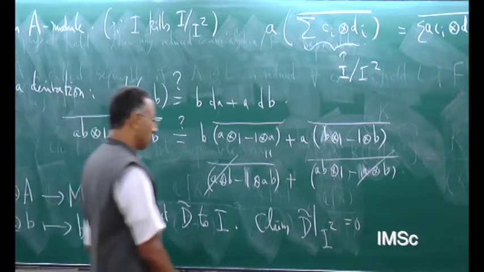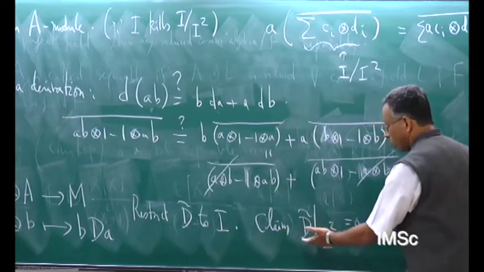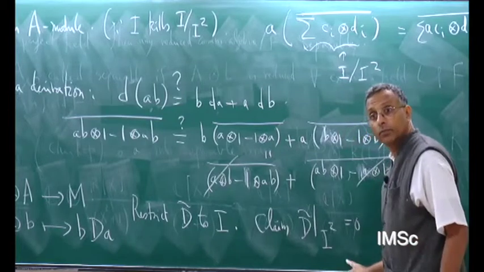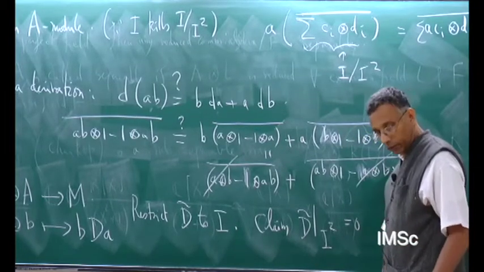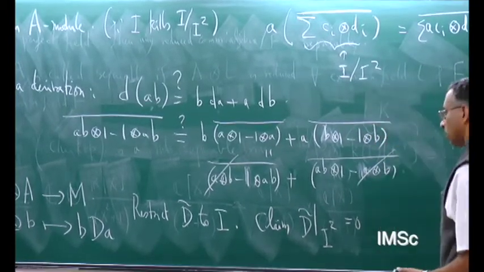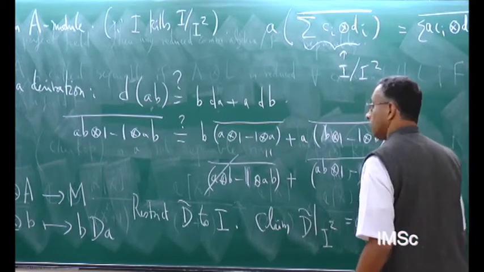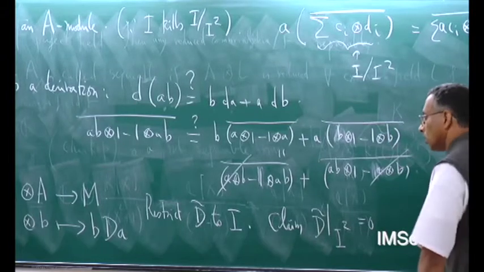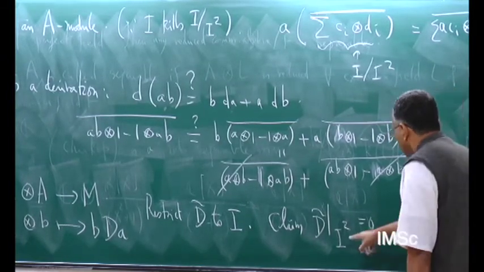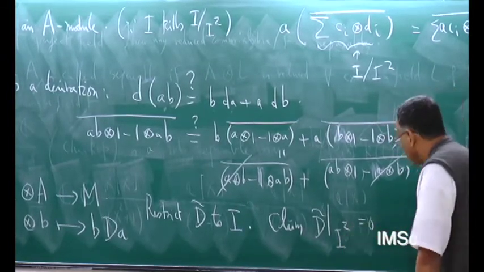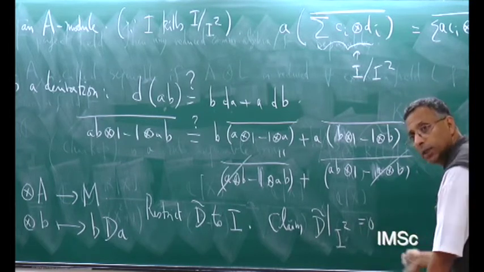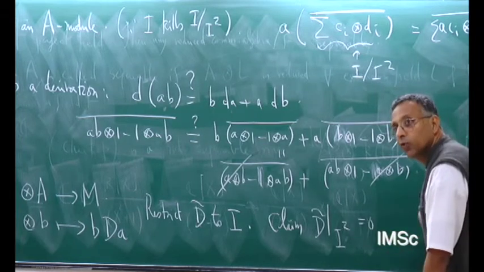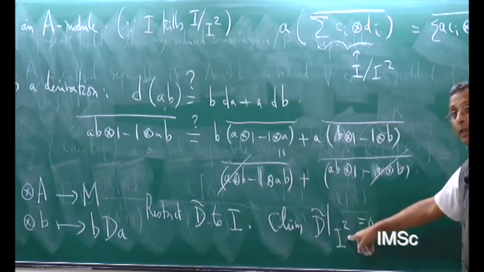And probably nothing more. So, restrict, okay, so I have to check this, right? I have to check this. So let's see how to check this. Okay, let's see. So I take something in I square. There may be other ways of checking it, but let me just do it brute force. What do I have to check?